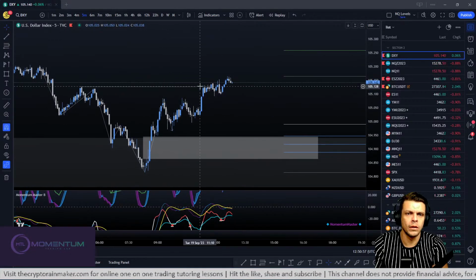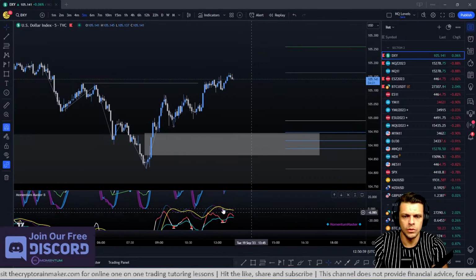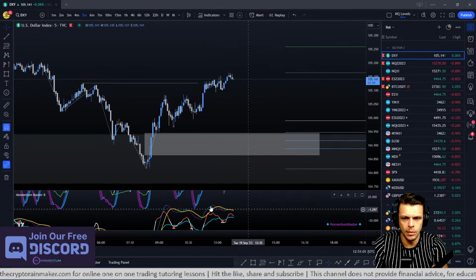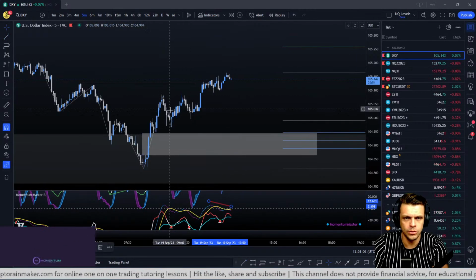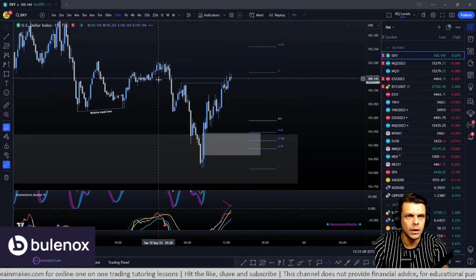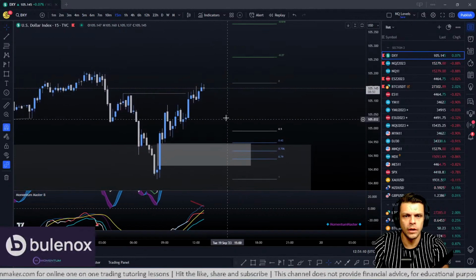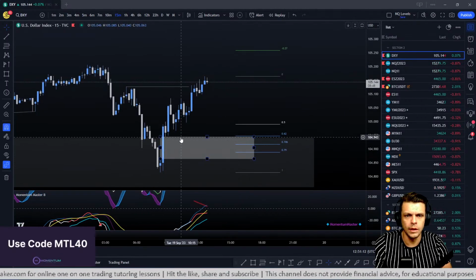And over here, we had a little bit of an uptrend. And with these divergences, we can also see it on the MACD. So with these divergences, it's indicating that we could see a short-term retrace for the dollar into the imbalance right here.